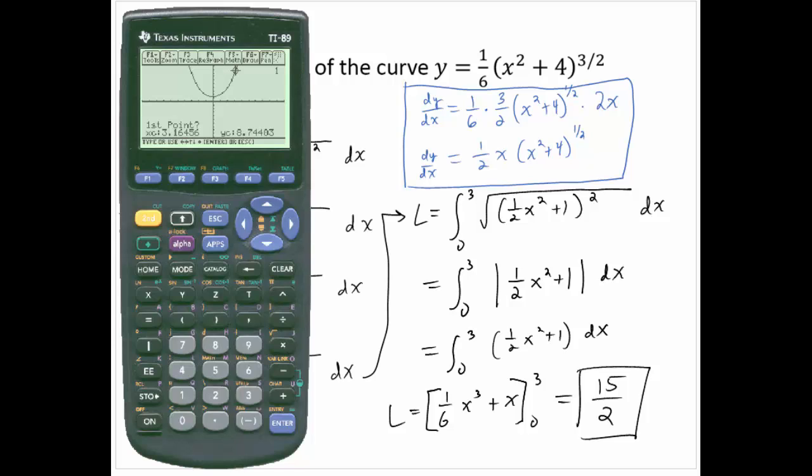So for the first point, you type in the x coordinate. So we were going from x equals 0 to x equals 3, so I'll type in 0, enter. And for the second point, I will type in 3, enter, and it will calculate the arc length, and we get 7.5, which is equivalent to 15 over 2. So I'm very confident in my analytical answer.